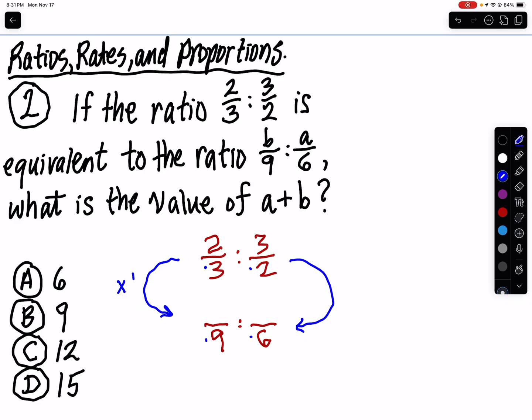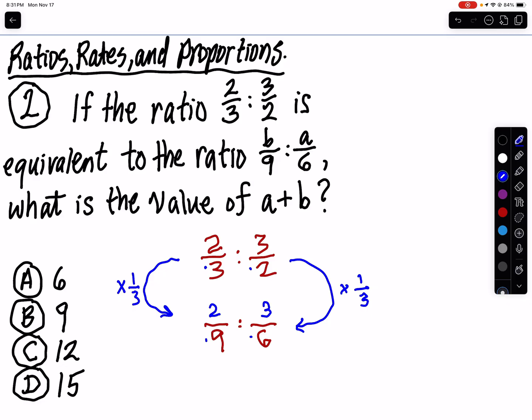So if we multiplied by 1/3, you would get a 2 and a 3 kind of like this. And those ratios would be equivalent. They would represent the same scenario.